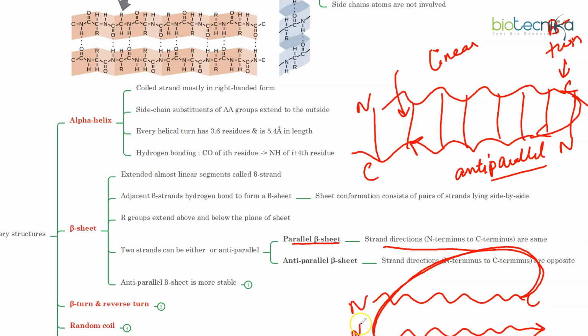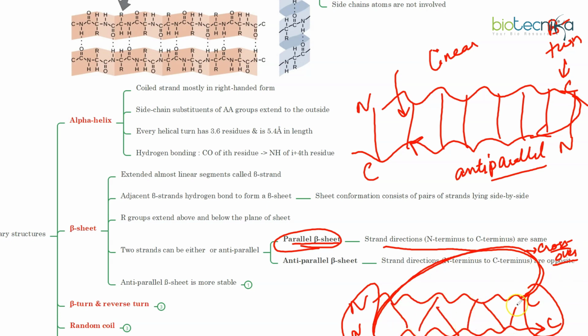So this will be N and this will be C, where these are matching. This arrangement is called a parallel beta sheet, which requires a crossover connection. Here the entire polypeptide chain takes a 360-degree turn, so this is a crossover connection. And here the hydrogen bonding is at an angle. It's not linear like this. So the hydrogen bonding pattern is at an angle.